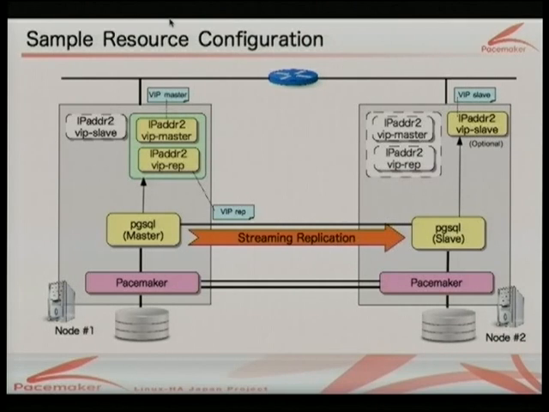Usually a Pacemaker cluster requires a file system resource agent and an IP address resource agent, but in this streaming replication setup you only need virtual IPs. But you have to have at least two virtual IPs on the primary side. One is for the master, for answering queries from the client.